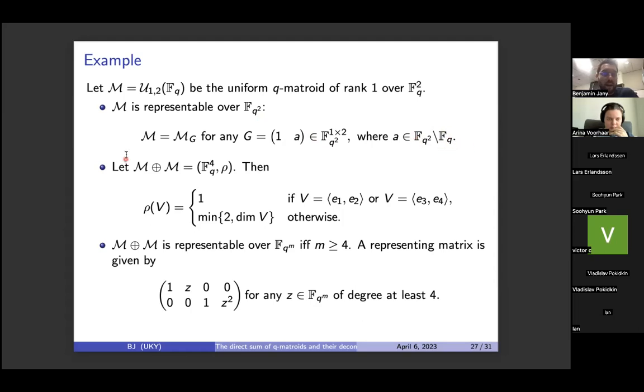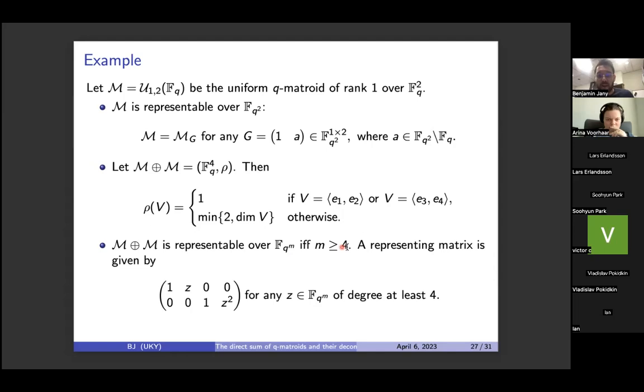Yeah. The problem is, if you take the direct sum of M, so the uniform q-matroid of rank 1, with itself, then this direct sum will be representable over a field that has extension degree large enough. In fact, this direct sum will be representable over F_{q^m} if and only if the degree of extension is greater or equal to 4.